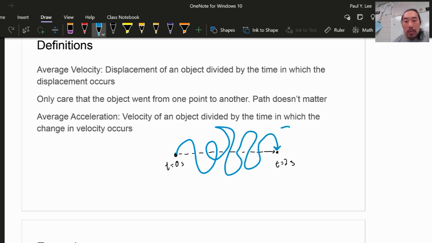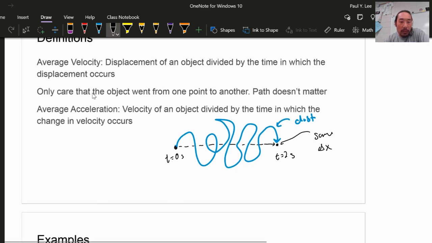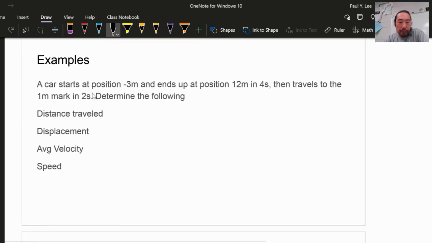Now, this one, we have a greater distance, okay, but both of them have the same displacement. All right, average acceleration is the change in velocity of an object divided by the time in which the change occurs. Okay, and so we're going to take a look at both examples here in the next slide.